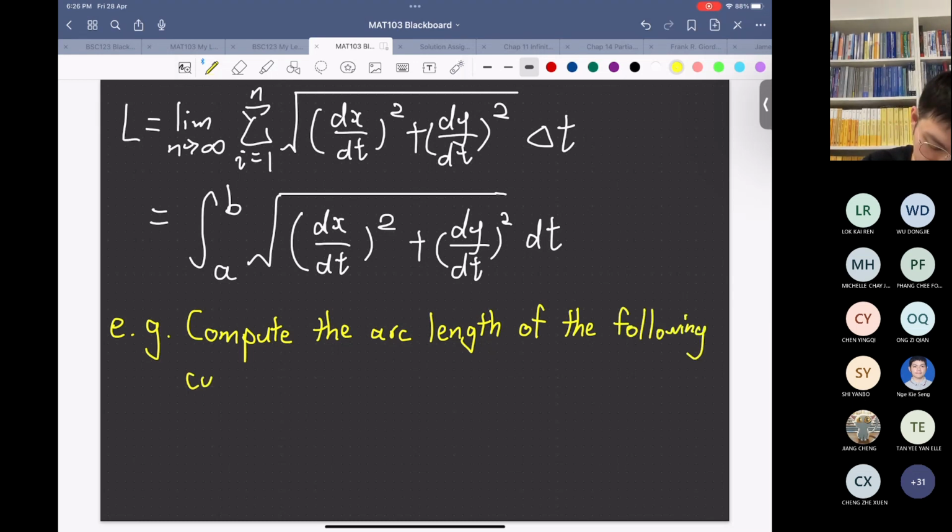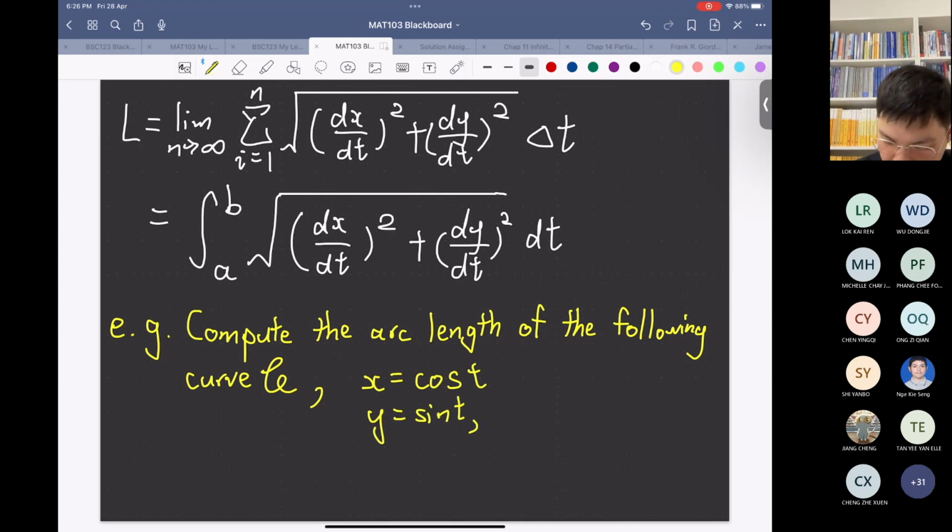So we talk about plane curves, right? So we need to have two parametric equations. So let's look at x equals cos t, y equals sin t, where t goes from 0 to pi.